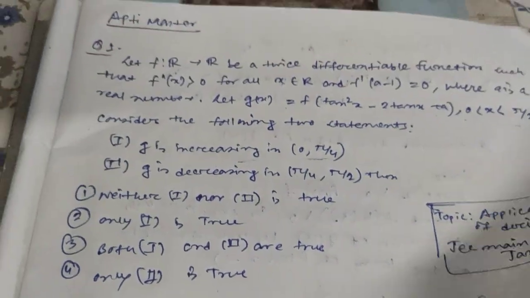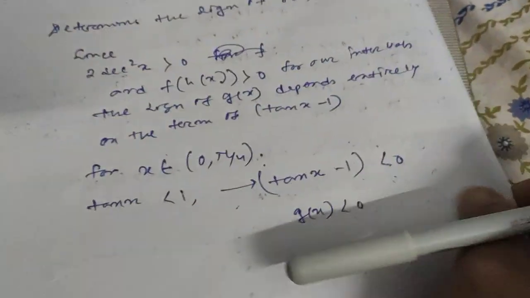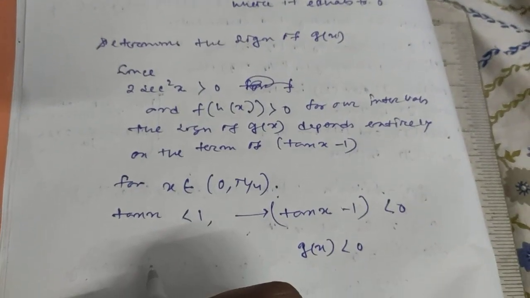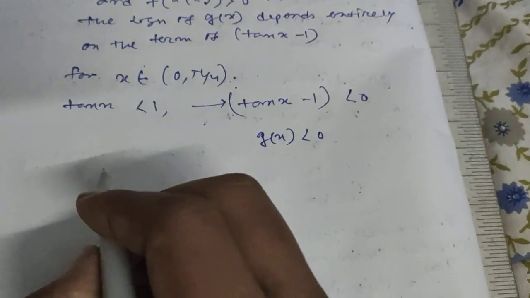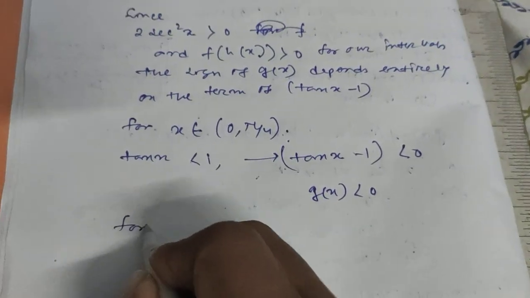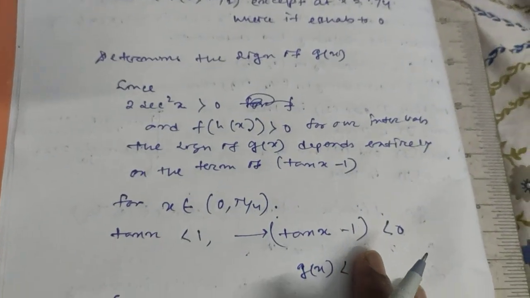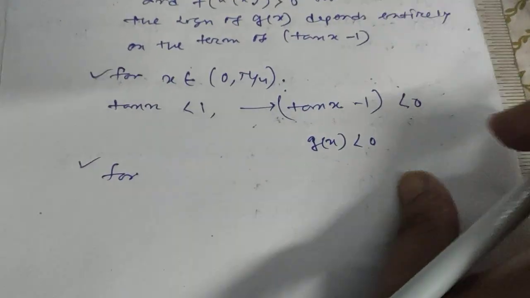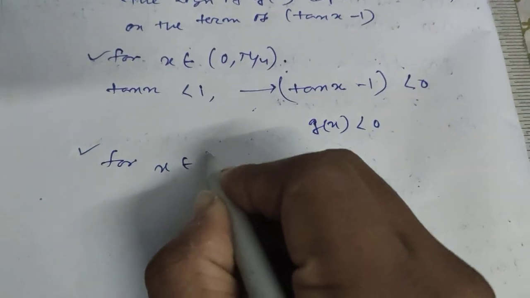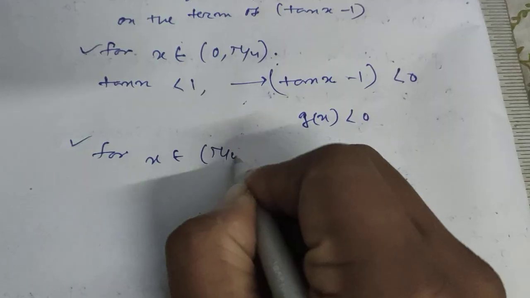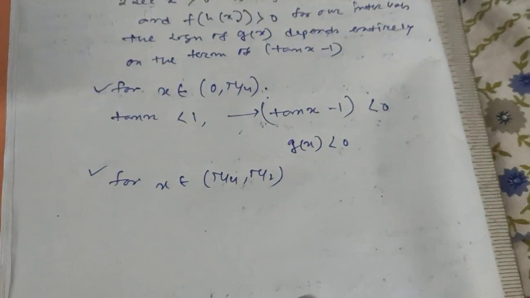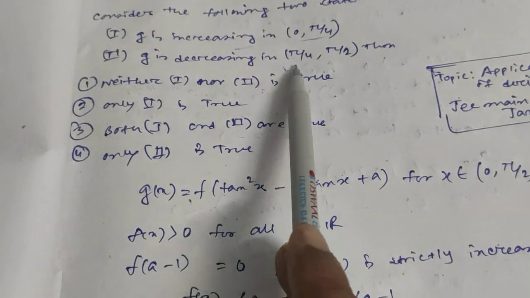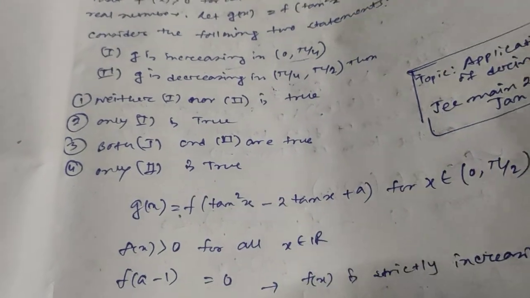Okay. Now if we consider this one case, for x belonging to pi by 4 comma pi by 2, this range given here, this pi by 4 comma pi by 2 range.